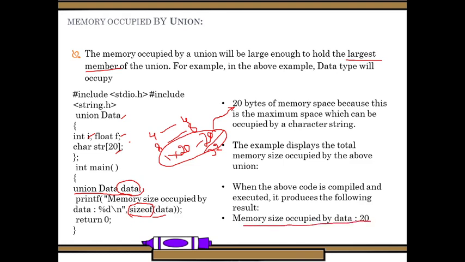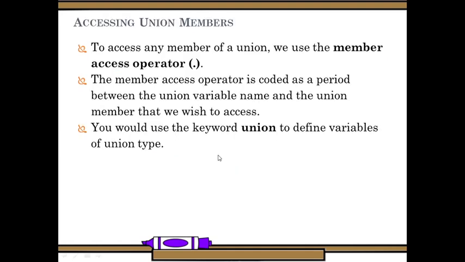This is the output, because the sizeof function retrieves the size of the data. What are the data we are using? They are these, because the variable we are declaring is for the union called data. For that we are declaring a variable, so from that we can access the size. Hope you understood. In case of a structure, it is 32 bytes.